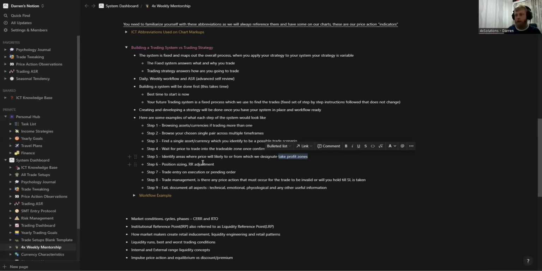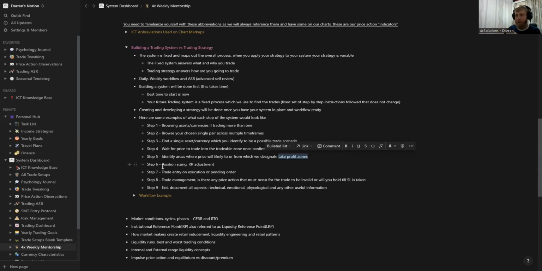Okay, obviously, as part of our system, we should understand that there is position sizing and risk reward associated with this trade that we would eventually take in the future when our strategy is formulated. So it's part of the step-by-step system.